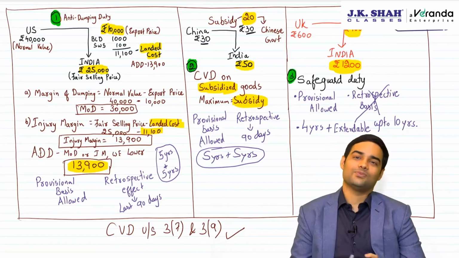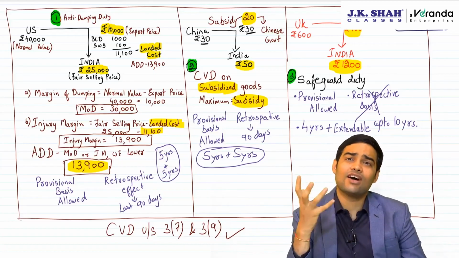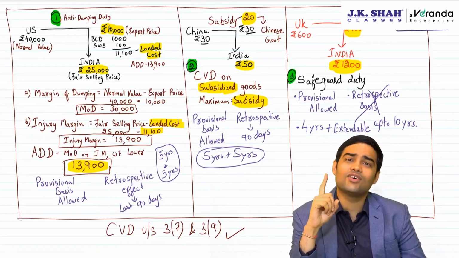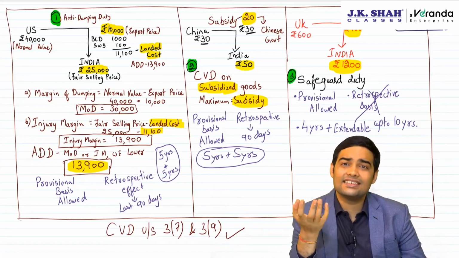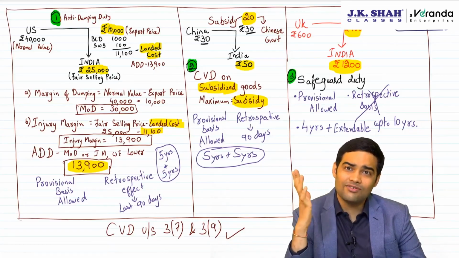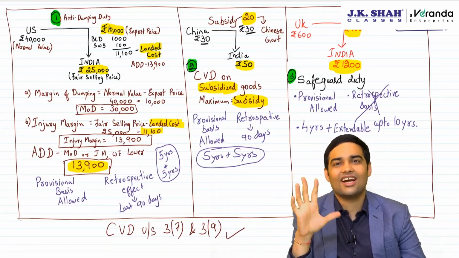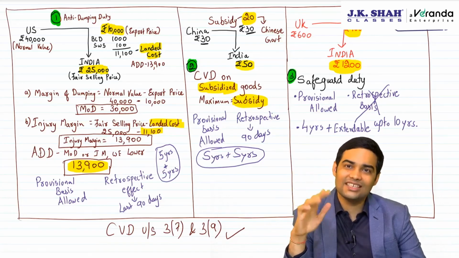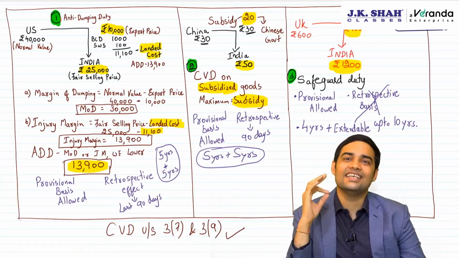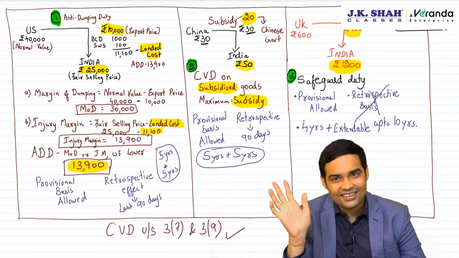Okay. Now, suppose a set of articles are imported for a single price. In that case, what rate of custom duty will you take? The law has clarified that if a set of articles are imported for a single price, then you will take the highest rate. Clear? Okay.